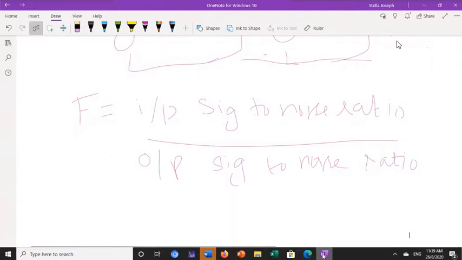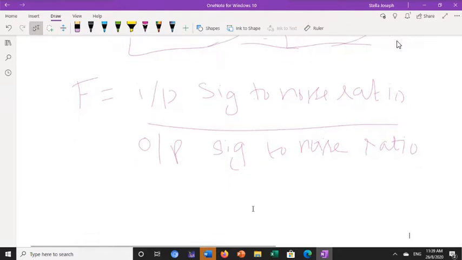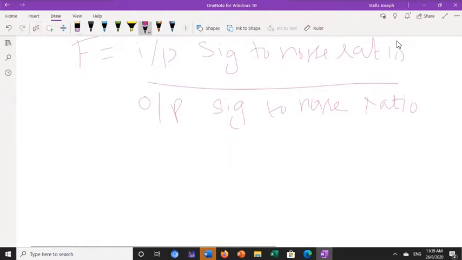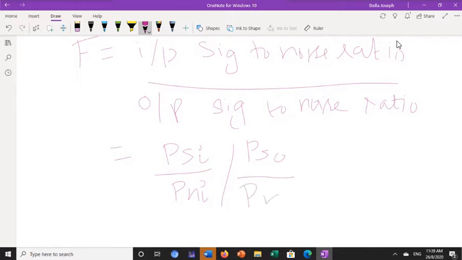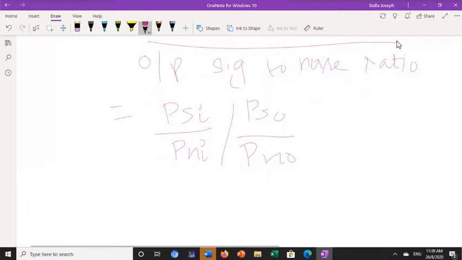Here it is input, so I'll write it as PSI divided by PNI, divided by the output signal to noise power ratio, PSO divided by PNO. This is the formula for F, that is noise factor.